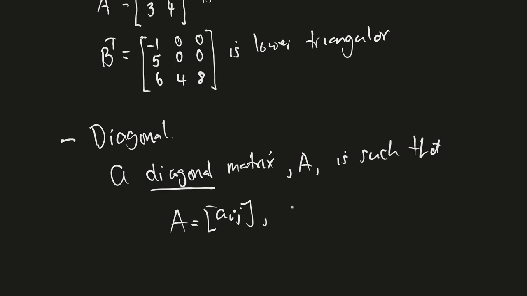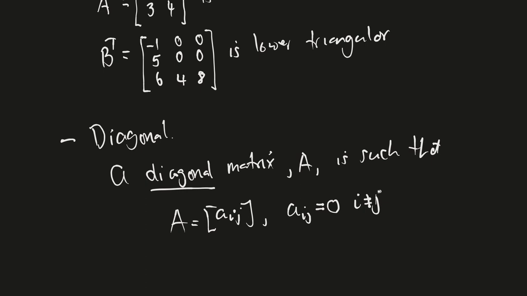Aij is equal to 0 whenever i is not equal to j.